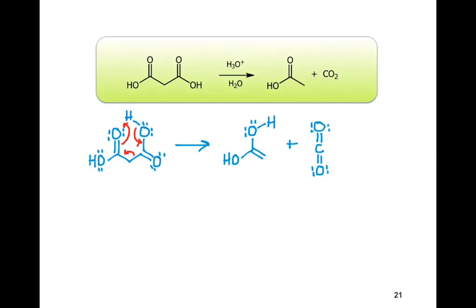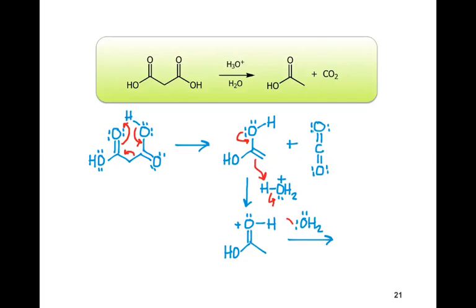So the decarboxylation step is a concerted one-step reaction that involves that rearrangement of electrons. Now, the immediate product is not the carboxylic acid. The immediate product is the enol form. And so typically you need a little bit of acid to catalyze the conversion of this from the enol form into the keto form of the carboxylic acid. That happens by protonation on carbon at the alpha carbon, to produce this structure, and then deprotonation to reveal the carbonyl.